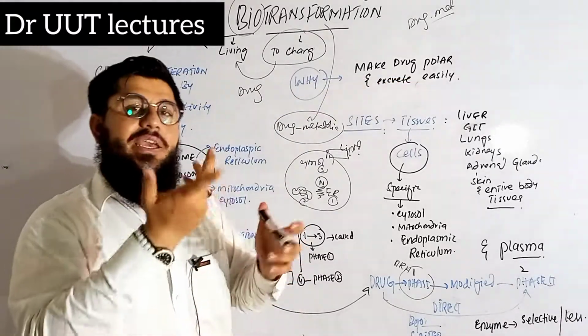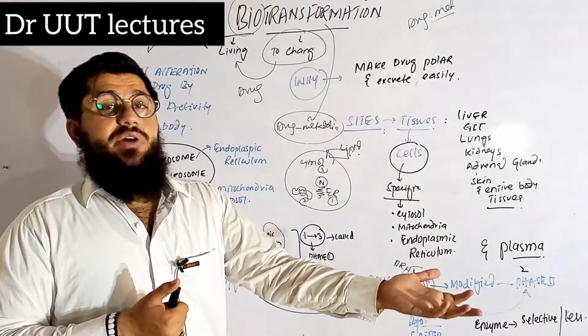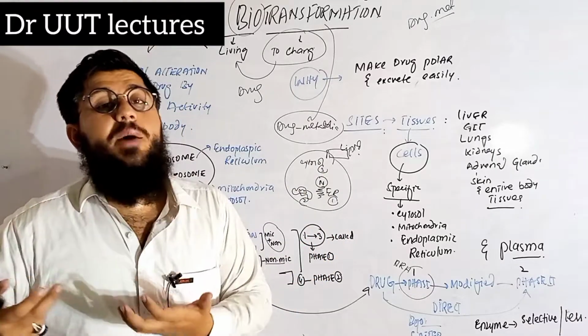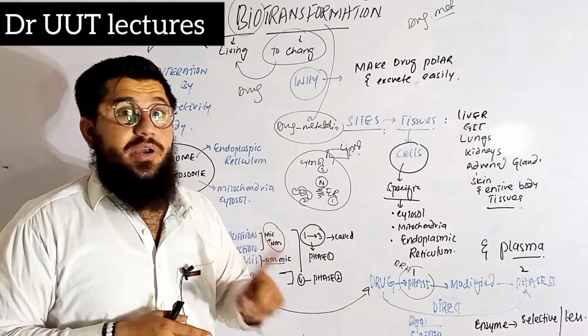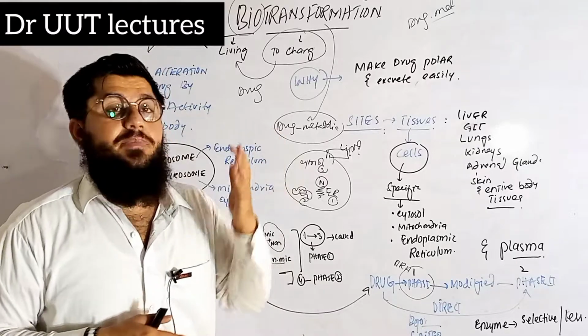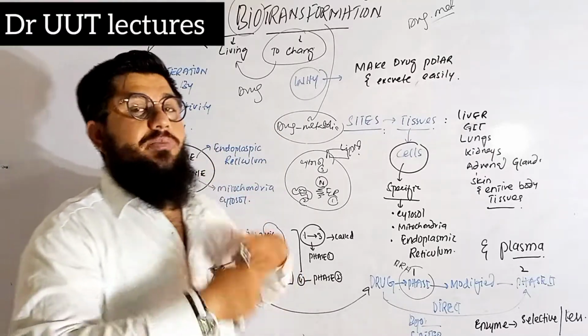Now a question again rises: why excrete the drug? What is the need to excrete the drug? We took the drug to do a job in the body. Now it is supposed to do its job. Why is it moving out of the body? Again, if the drug stays in your body for a longer period of time, it will cause complications to you. So that's why it is important for the drug to go through biotransformation.